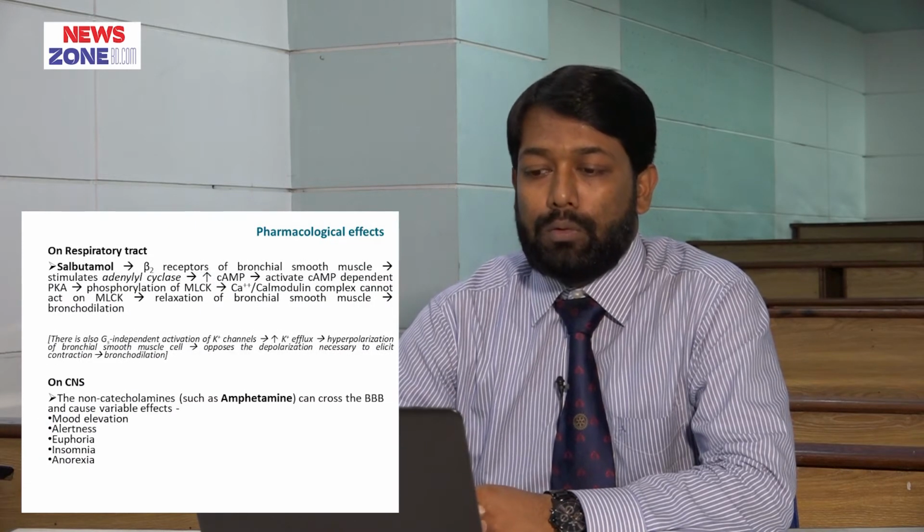Then we should discuss the role of sympathomimetic drugs on the respiratory tract. We know that salbutamol is a specific beta 2 agonist and adrenaline is a generalized or non-selective agonist.